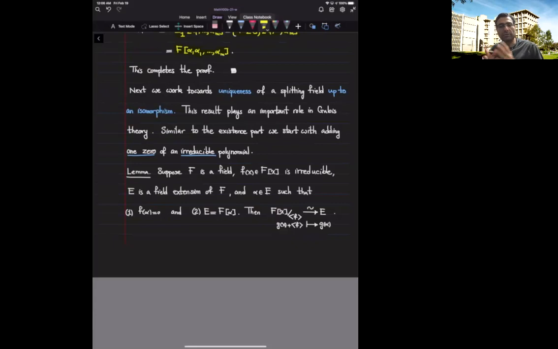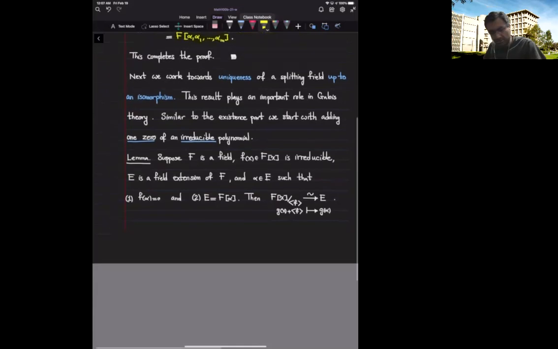So we want to show that adding a single zero to the base field f is going to give us a unique field extension. So that field extension is unique up to isomorphism. So we make it a bit more precise, and that can help us to work with two different copies of the same given field f. And we will see later why it is important. But okay, so let's formulate the lemma.